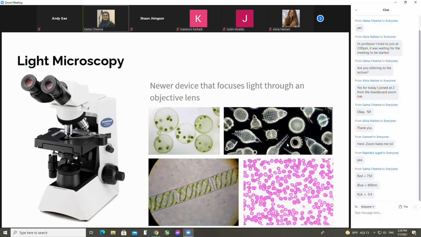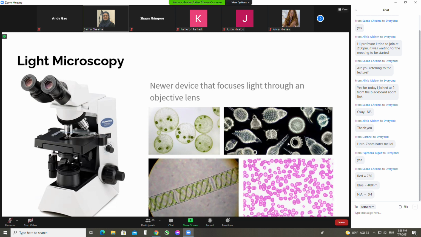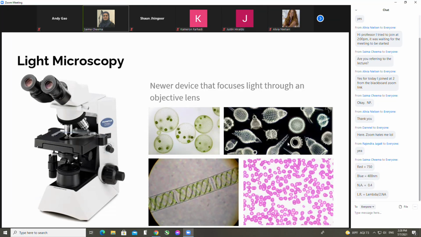And remember the formula for limit of resolution or resolving power, you can call it either way, is lambda, which I can't draw, so lambda over 2 times NA. Okay, so let's figure out the limit of resolution for those two wavelengths.